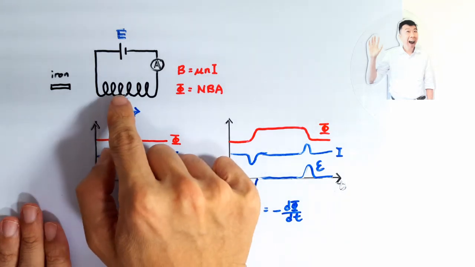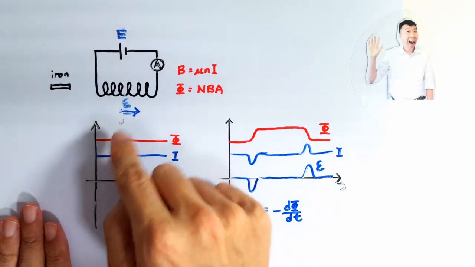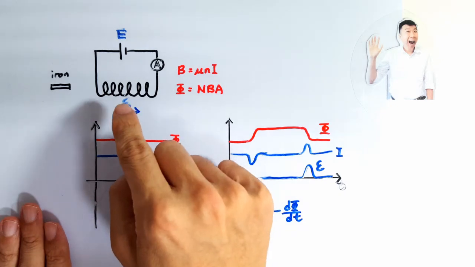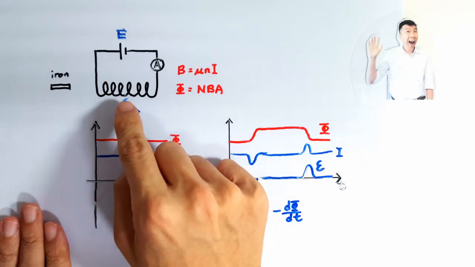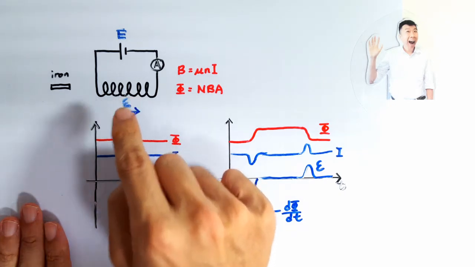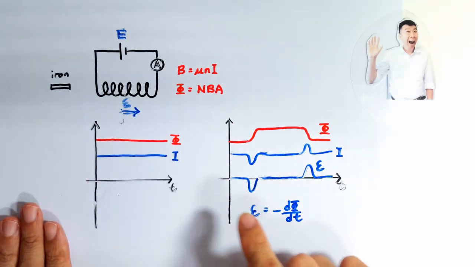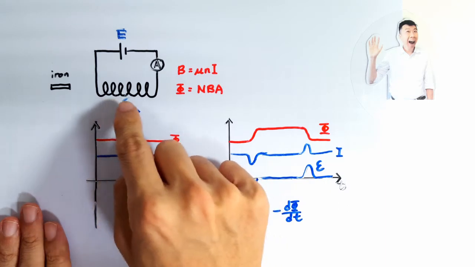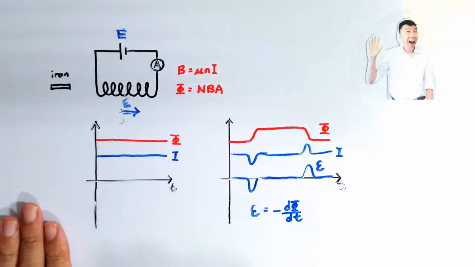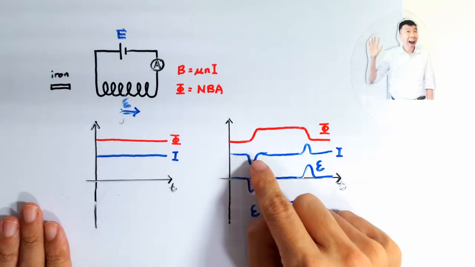So the change is the increase in magnetic flux. So to oppose the increase, the induced current must try to decrease the magnetic flux in this coil. To decrease the magnetic flux linkage, the result must be an induced current that's against the original current in the solenoid. So you know the current must dip first.